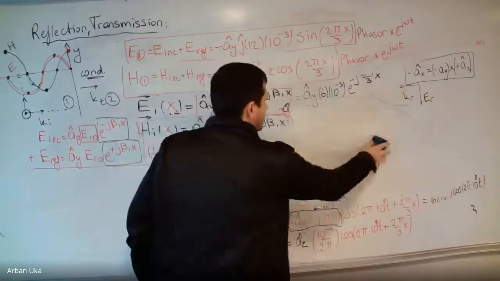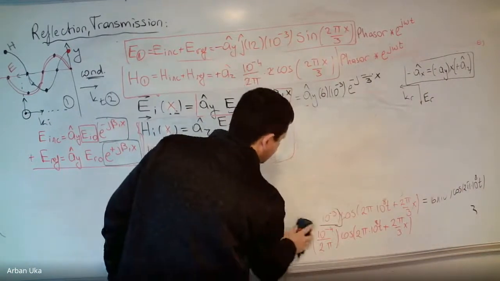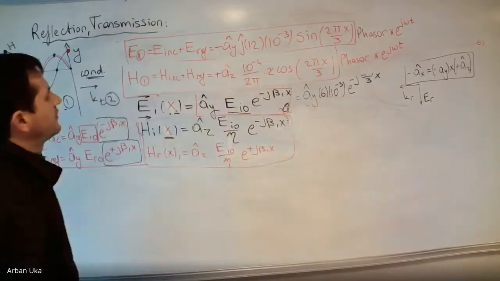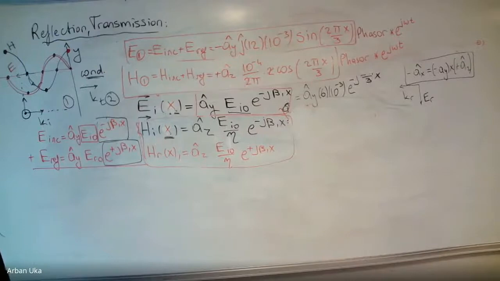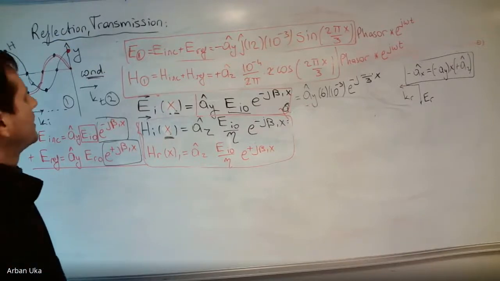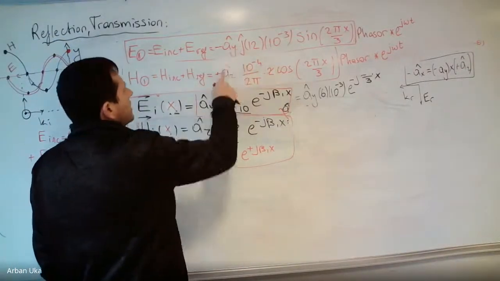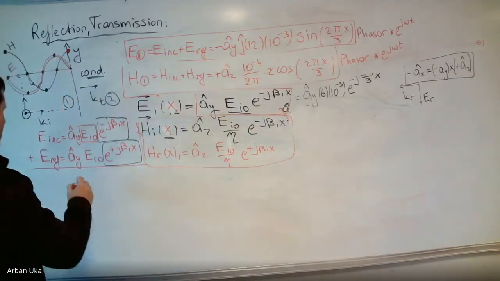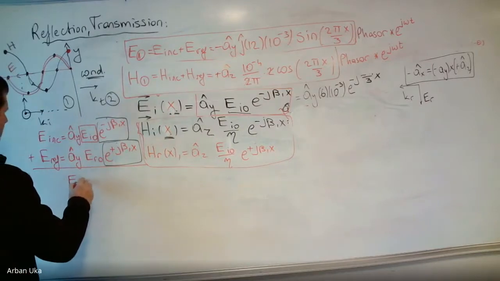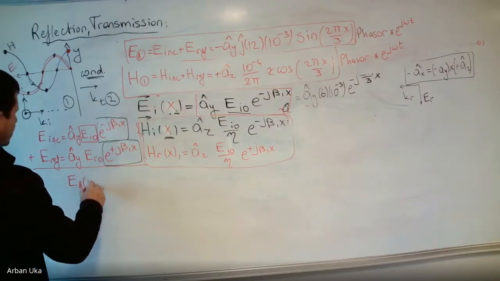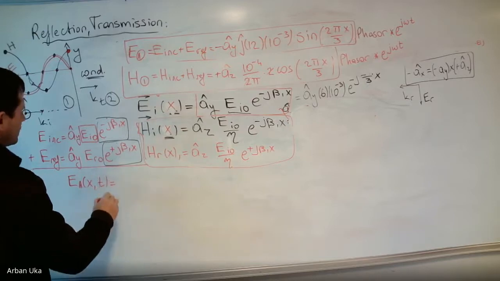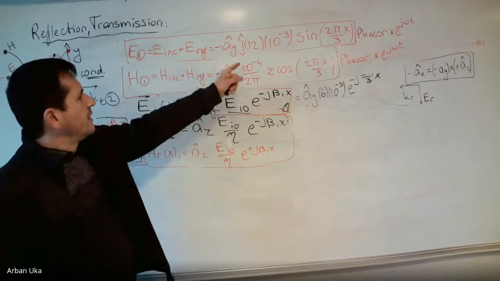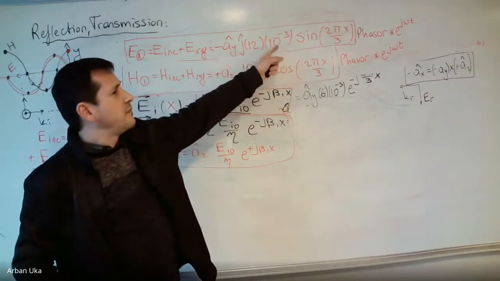So this property of sine and cosine was clear. The only thing that we can observe here is that the electric field has a negative j, okay? So we can say E1 as a function of x and time would be equal to, if you allow me, we can take this out of the real part right away.